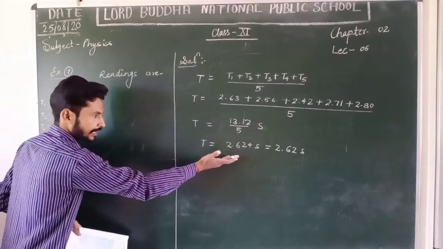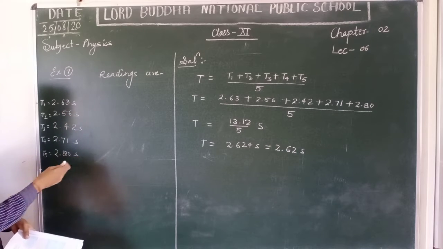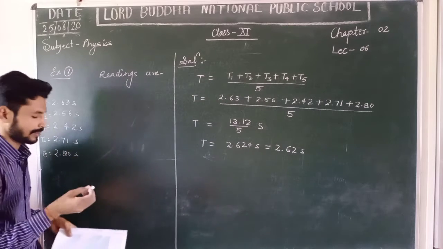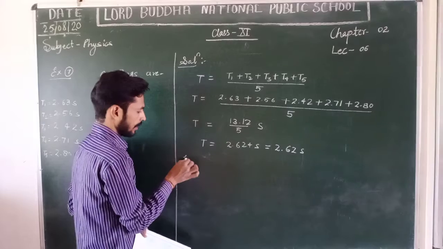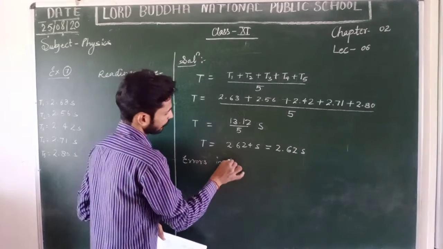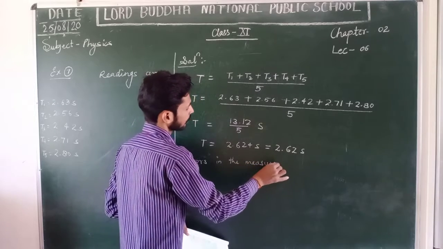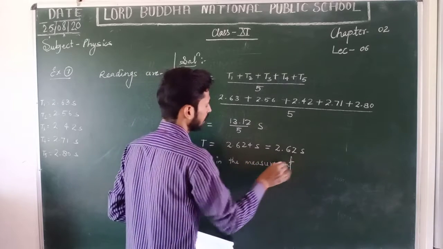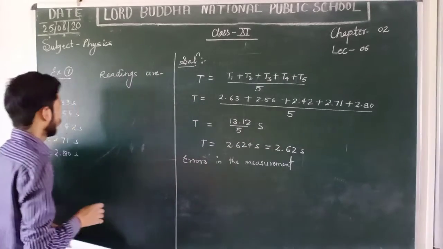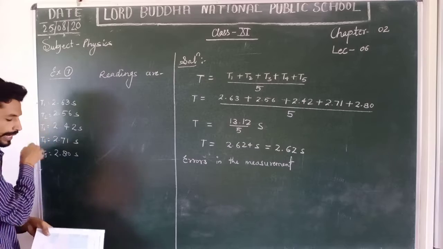Now take this mean value and subtract it from the measured value, then we can find the errors in the measurement: delta T1, delta T2, like this.